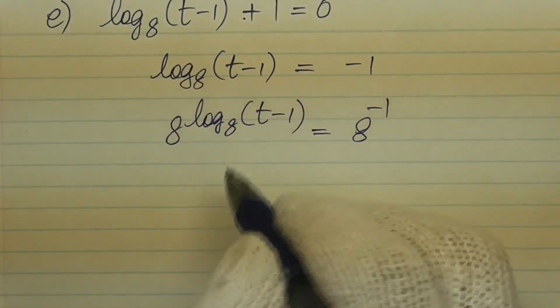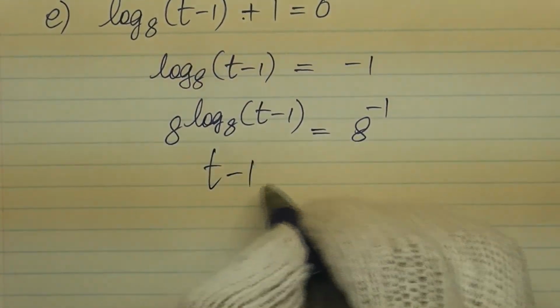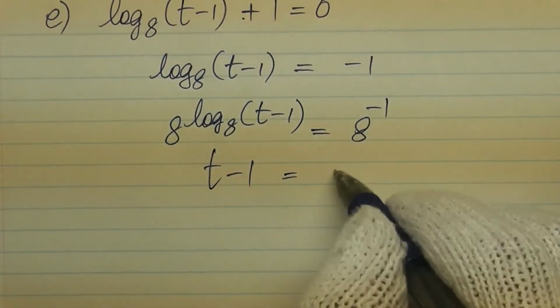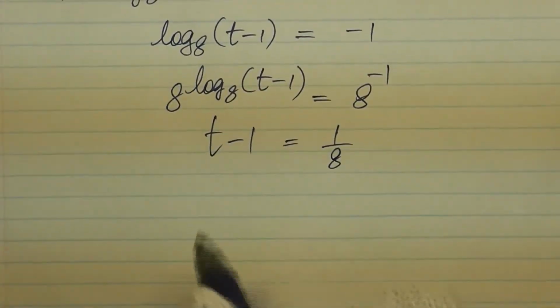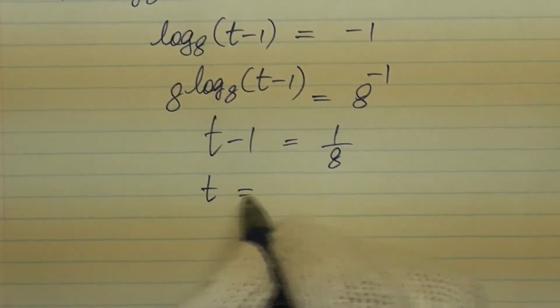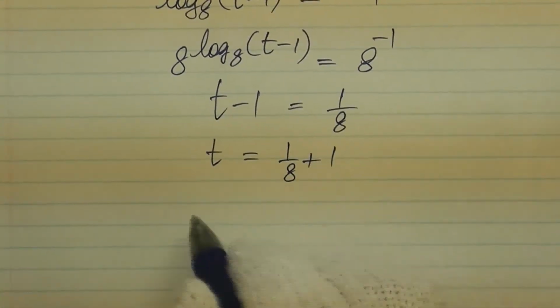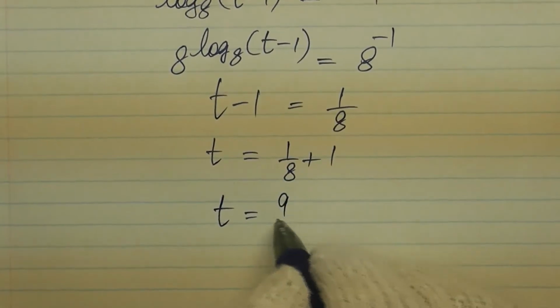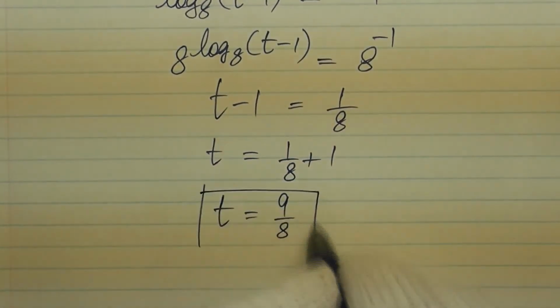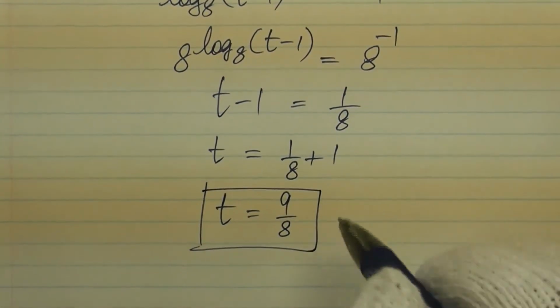But on this side I'm going to get t minus 1, and on this side I've got 1 over 8. So t is equal to 1 over 8 plus 1. The 1 is just 8 over 8.